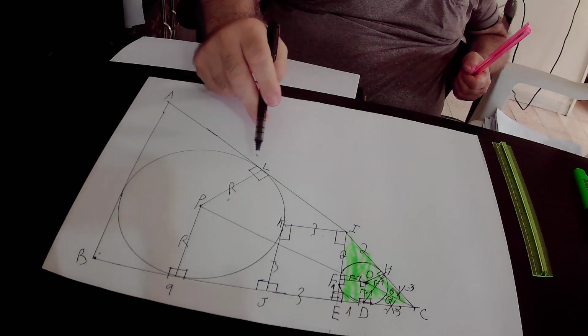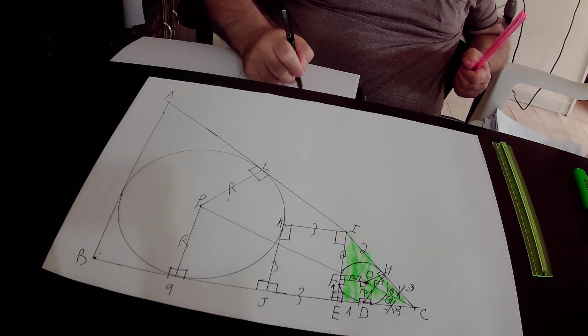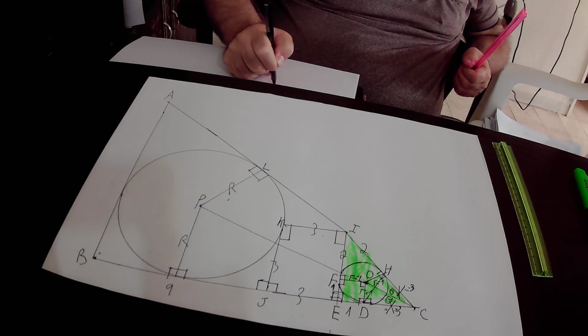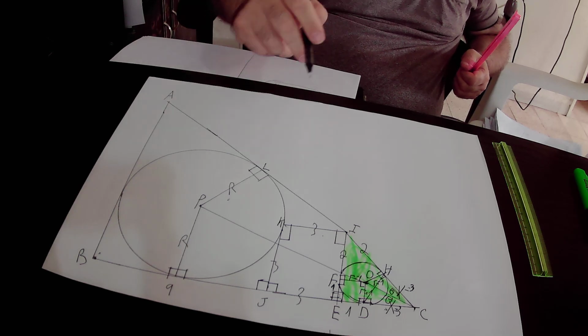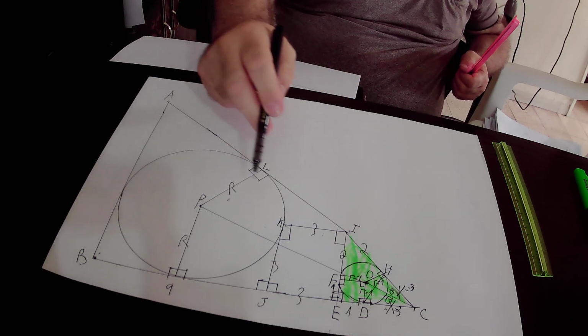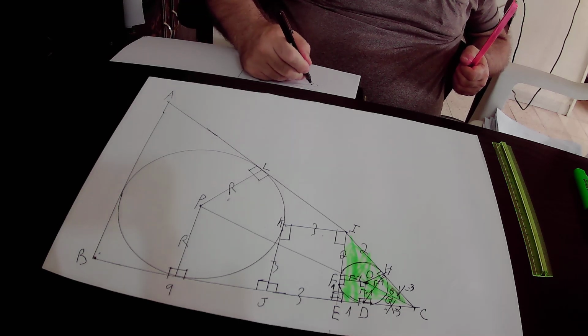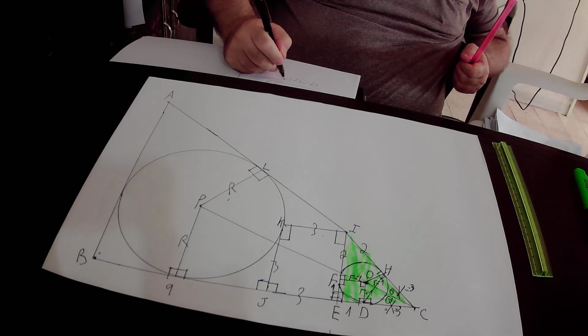That is to say, CL equals CQ according to rule number 2. And finally, CP is a common side that belongs to both triangles, so CP equals CP.